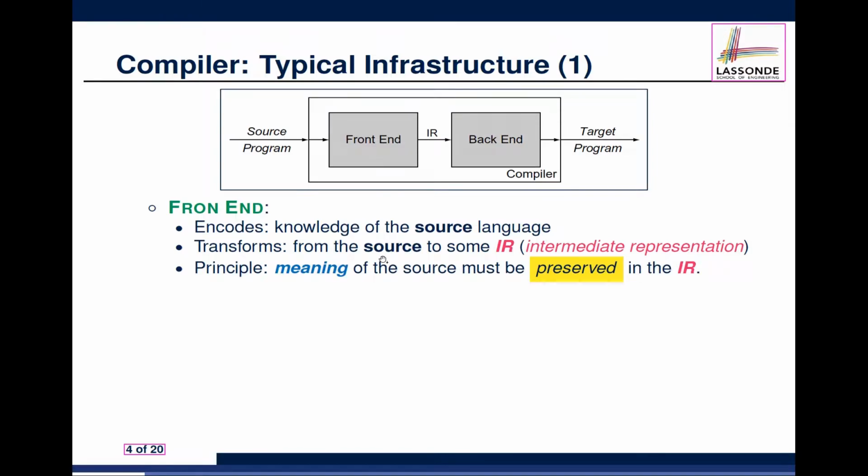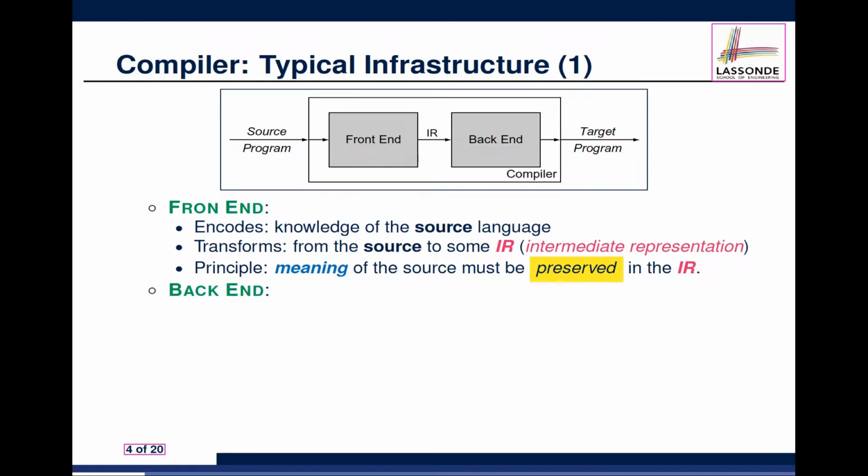The principle about the front end for this part is if you're trying to make a parse tree out of this input program, you really should maintain the meaning of that particular source program. So that's why it says plus some information. For now, just study the definition here. I'll try to give you more examples as we go, maybe a little bit later. But just remember, the parse tree plus something else.